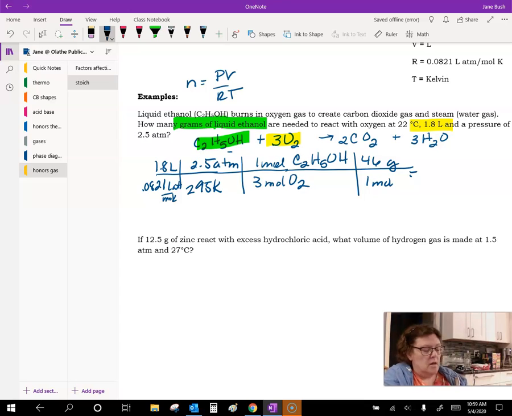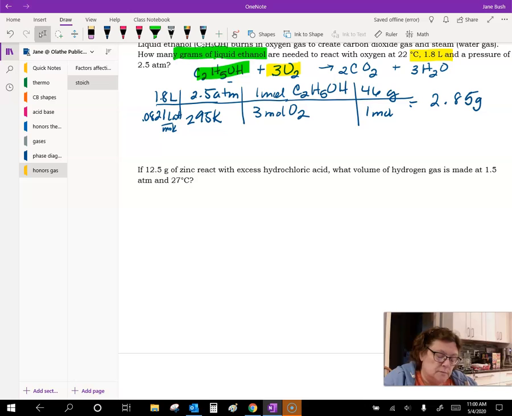And if we plug all that in, 1.8 times 2.5 times 46 divided by 0.0821 times 295, I put that all in parentheses, 2.85 grams. All right, next one.